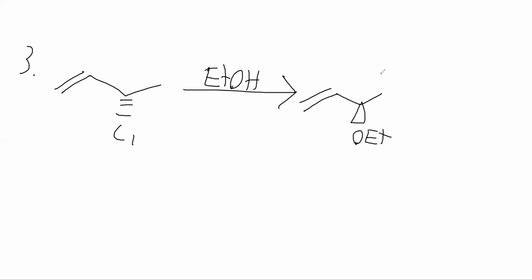Right, what's wrong with this reaction? What do these conditions, yeah, it shouldn't be SN2, it should be SN1. And why? Yeah, this is a weak nucleophile, and ethanol is also the solvent, and ethanol is a protic solvent.